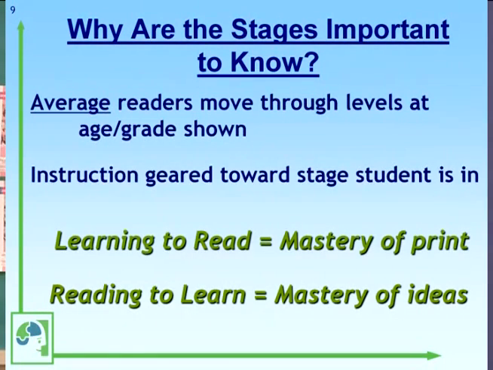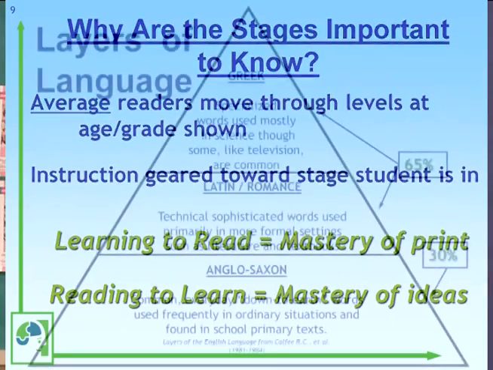All right, so again, the average reader moves through those stages at the grades and ages shown, but instruction needs to be geared towards whatever stage the student is in, no matter what grade or age they are.